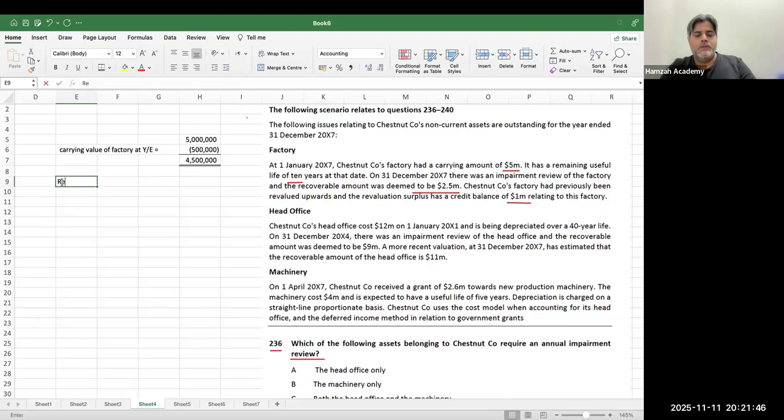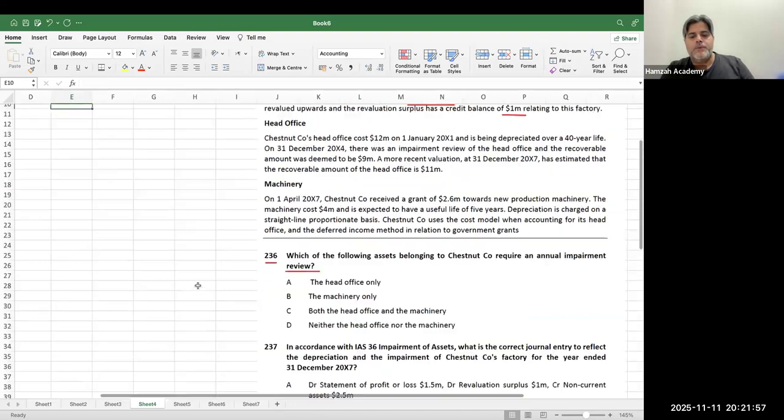Recoverable amount is 2.5 million. So yes, the factory needs to be checked for impairment over here.